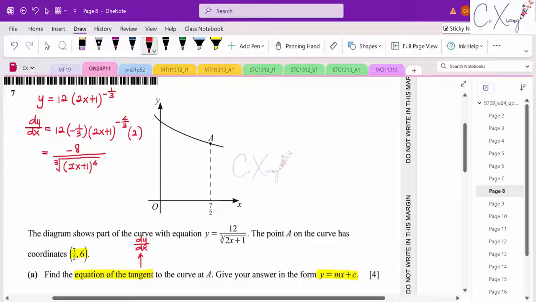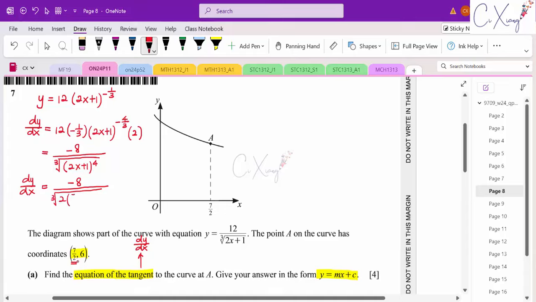And because for this question we're interested to find out the equation of the tangent at this particular point, 7 over 2 and 6, therefore, to calculate the gradient of the tangent, you need to substitute 7 over 2 into your dy dx so that you can get the gradient of the tangent. So substitute the x coordinate.